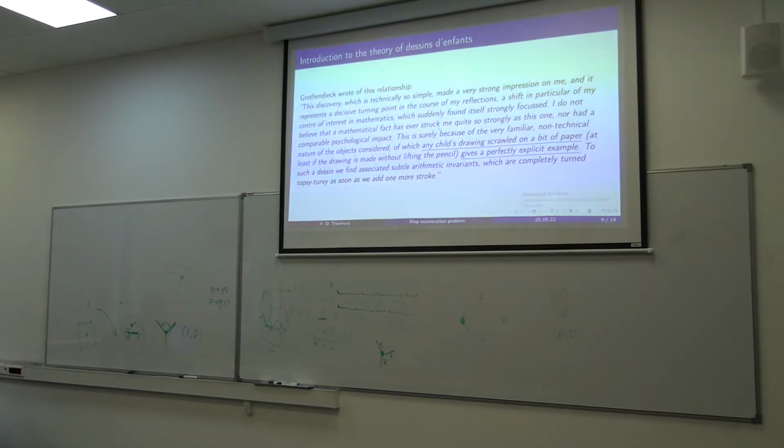And it was actually very surprising for Grothendieck, because this group is really mysterious for mathematicians. We do not know its structure, but we can see it with our eyes.